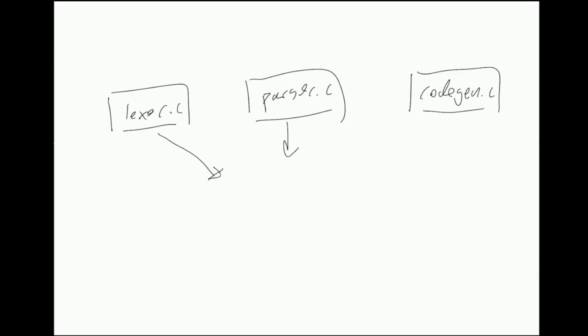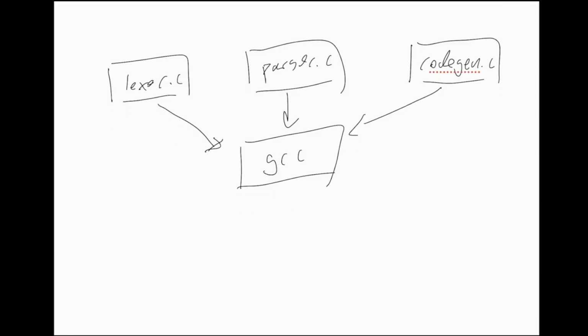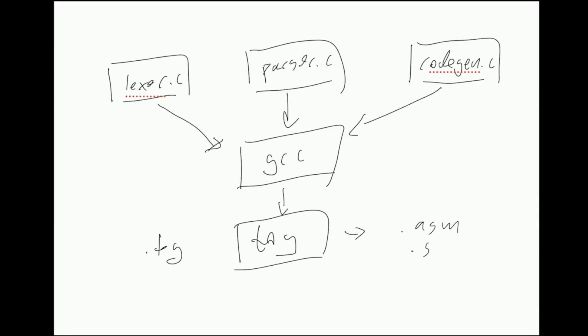And when you wrote that toy compiler, you wrote them in three separate C files, and we compiled them all together in GCC to produce our compiler, which I think I called toy. And this took in a program, although it was a very simple program. It took in a .toy file, and it gave you assembly code, or .s in the GCC world.